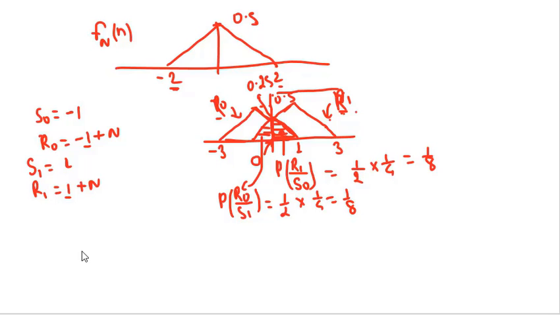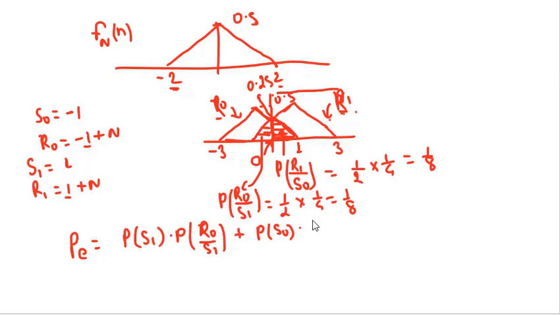Now, you have the probability of error, which is equal to the probability of transmitting the symbol S1 into the probability of received symbol as R0, given that symbol S1 has been transmitted, plus the probability of S0 into the probability of received symbol as R1, given that S0 has been transmitted.